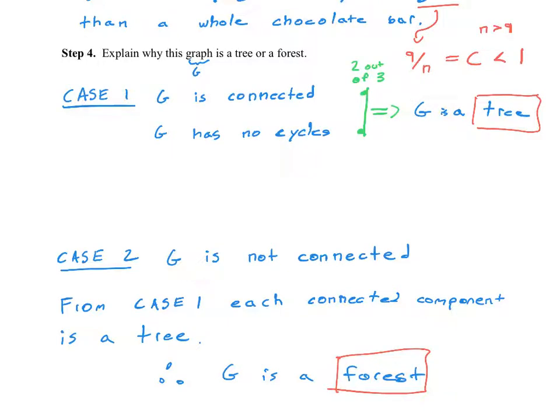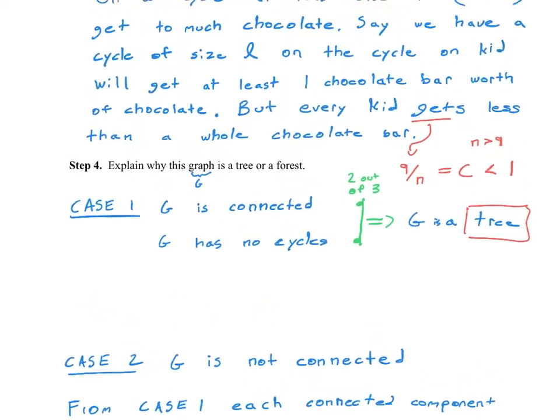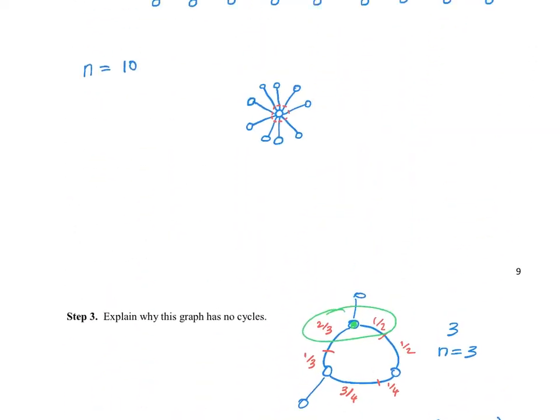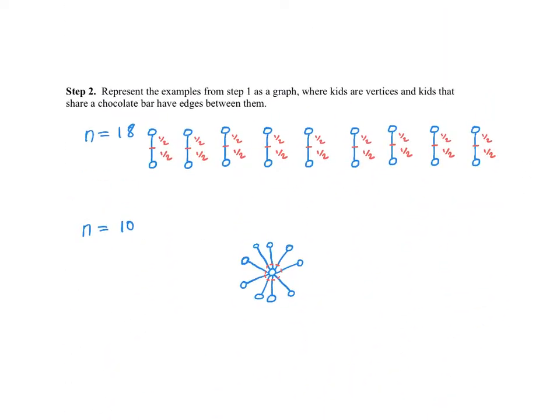And if we return to the very first step, we came up with 2 examples, and then in the second step, we represented those examples as a graph. If we look back, we did indeed get a tree and a forest. The first example here was a tree on each connected component, so that makes up a forest.